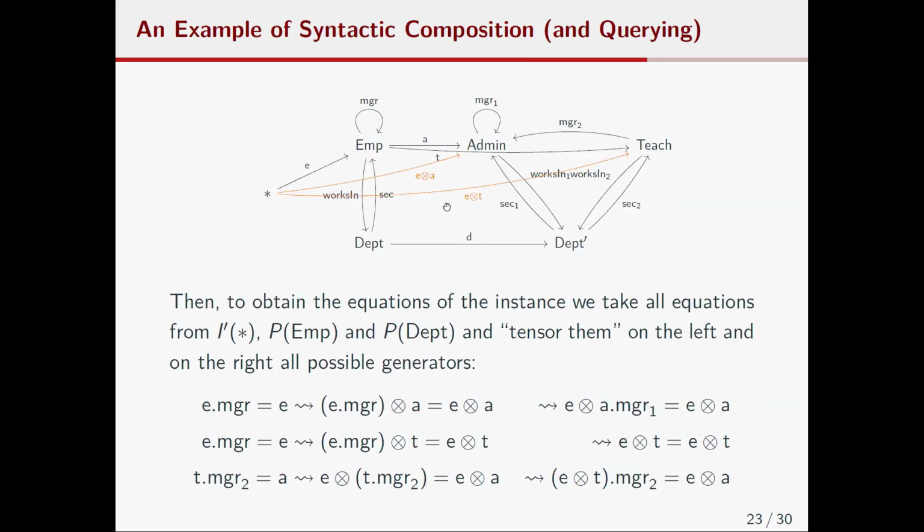And then we have to take all the equations around there that could be relevant, and we obtain equations of the right type by tensoring them on the left and on the right with the generators, with all possible choices. I don't have time to go through this in more detail, but once you define how to extend the tensor operation to paths in general and not just generators, this is really straightforward.